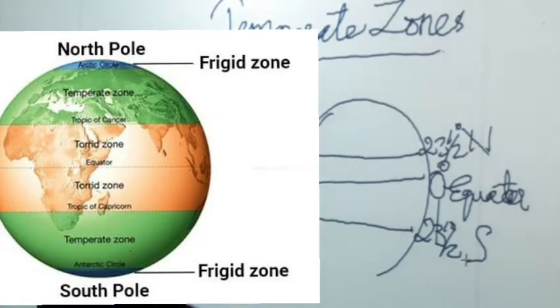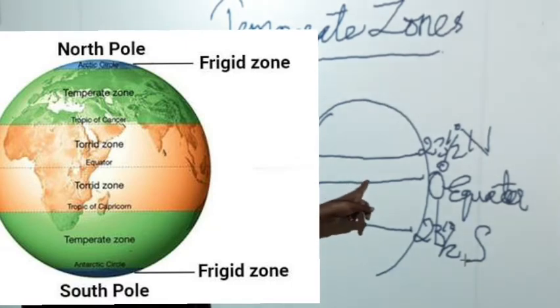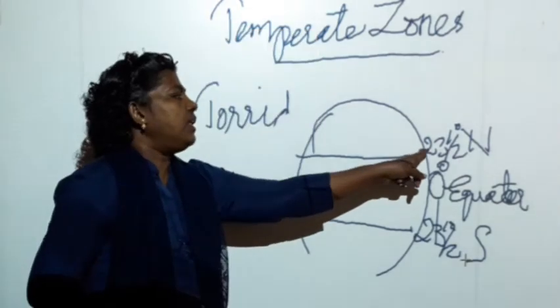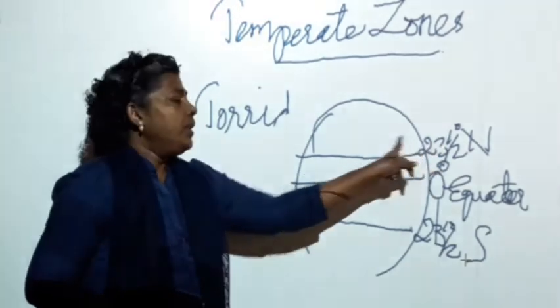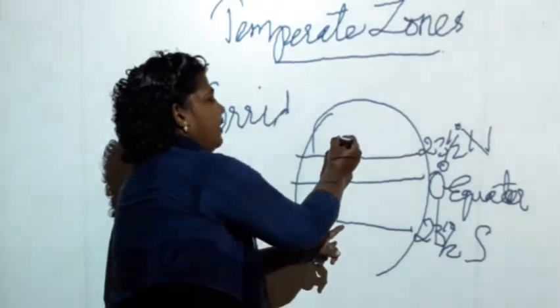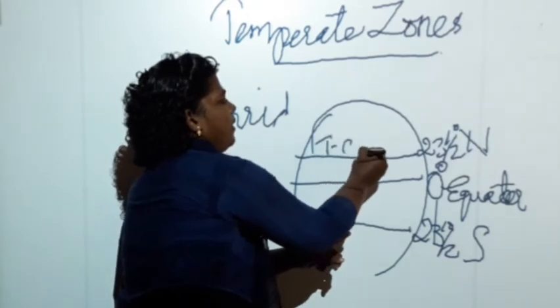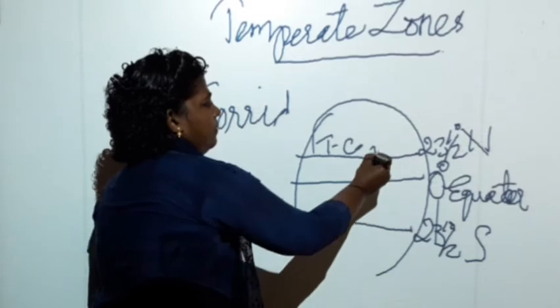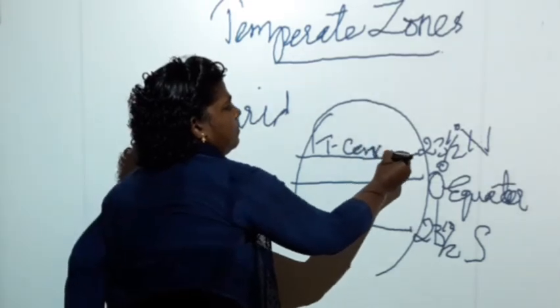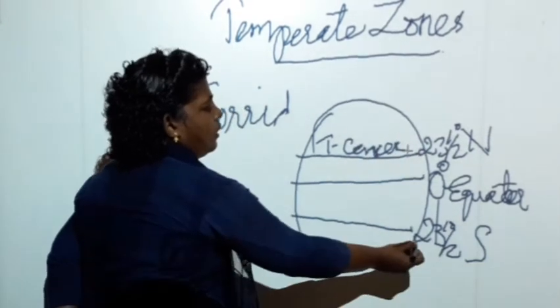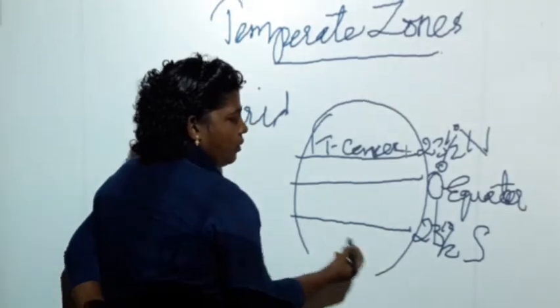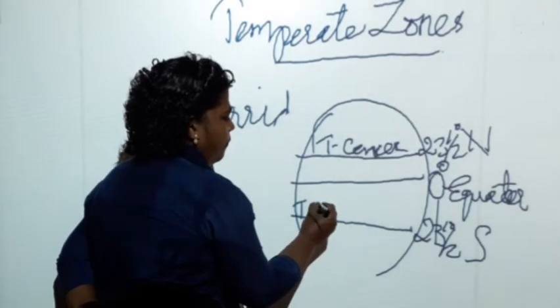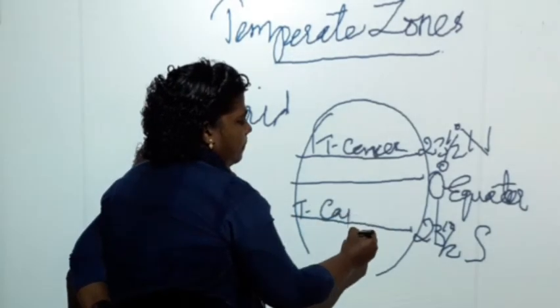So between the equator, between the 23.5 degree north, we call it as Tropic of Cancer, and 23.5 degrees south we call it as Tropic of Capricorn.